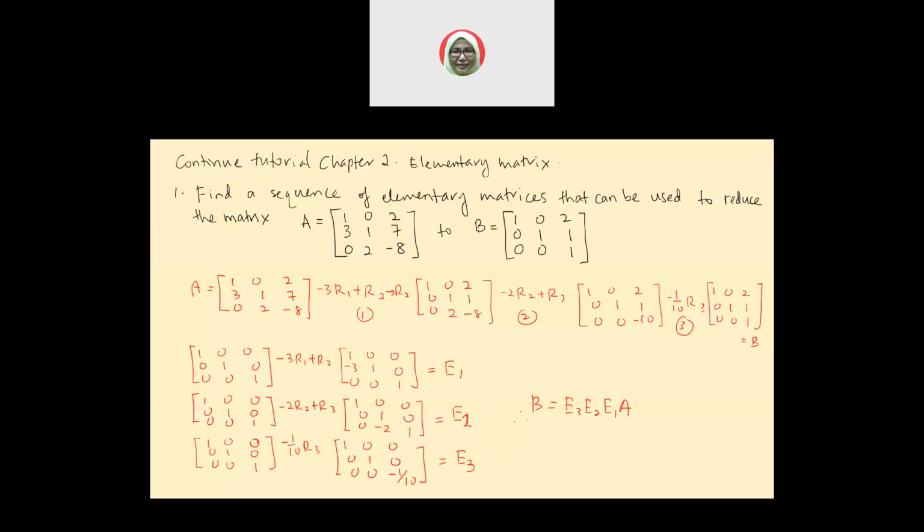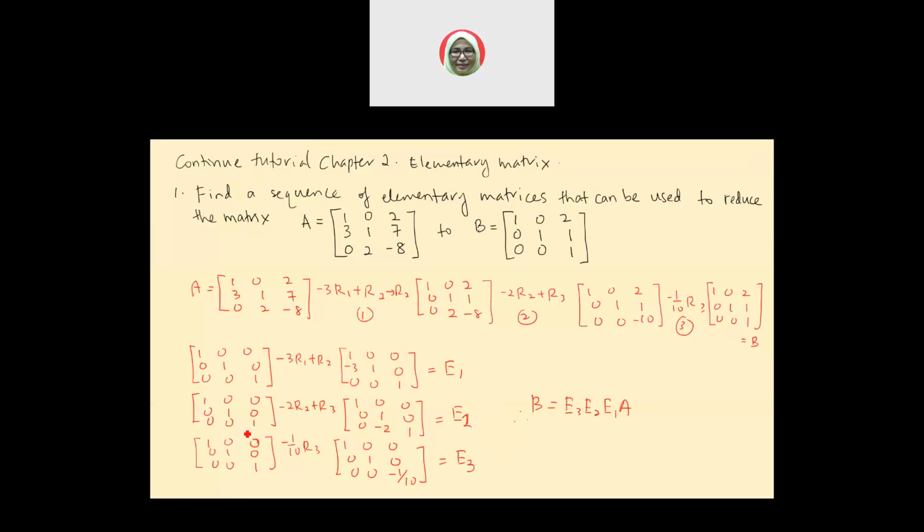You apply each elementary row operation on the identity matrix of order 3, right? Each one. Here you apply negative 3R1 plus R2, and the resulting matrix is E1.